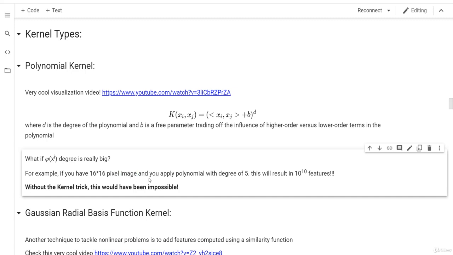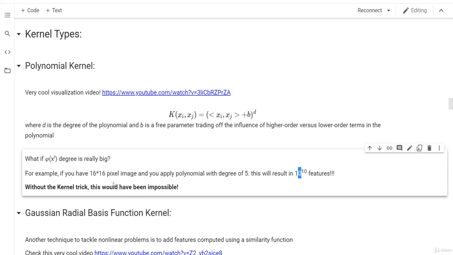And you apply a polynomial kernel with a degree of 5. If you do the calculation, you will see how many features we have. If we didn't use the kernel trick, we would have 10 to the power 10 features.